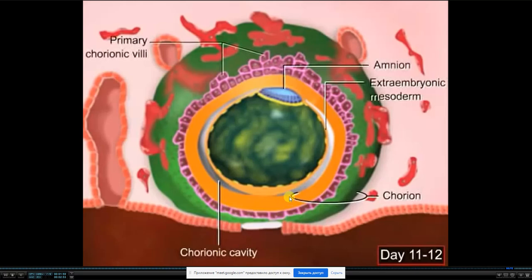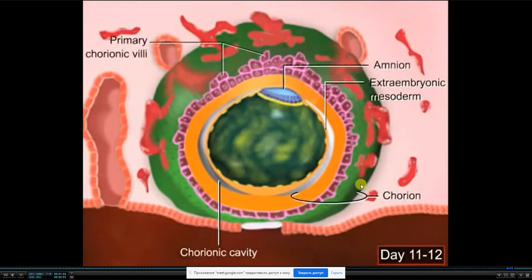This cavity is known as the chorionic cavity. It is named this because all structures above this chorionic cavity are known as chorion, and chorion is the fetal part of the placenta. So now we can see the structure of the chorion.